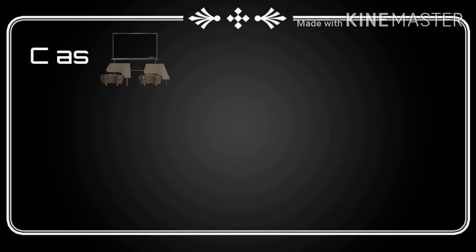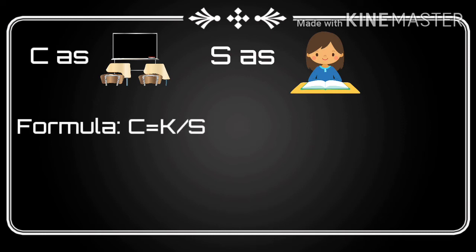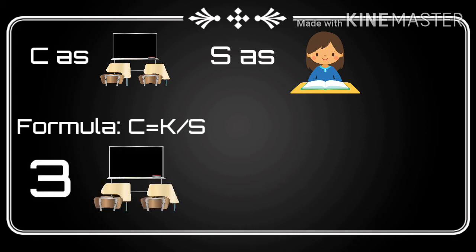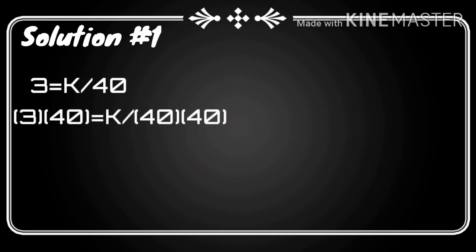To solve this problem, we use C as classroom and S for student. We use the formula C equals K over S. In the problem, there are only 3 classrooms, and each of them holds up to 40 students. So, 3 equals K over 40, and multiplying both sides by 40, K equals 120.